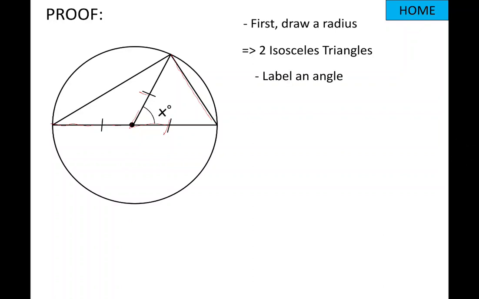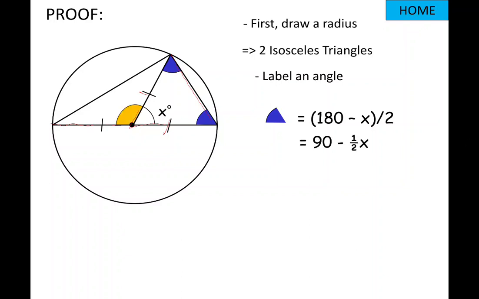Now, when a triangle has two equal sides, of course, the angles opposite to the equal sides are equal as well. So each one of them is equal to (180 minus x) divided by 2, because the sum of the angles in a triangle is equal to 180.